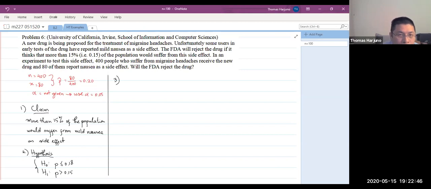I don't mind if you say the FDA will reject the drug, but another instructor may not like that, because from what we learned in this chapter, the claim is supposed to contain the parameter, or implicitly contain the constant of the parameter. So this is preferable, even though I have to admit, if you had said the FDA will reject the drug, I don't mind.